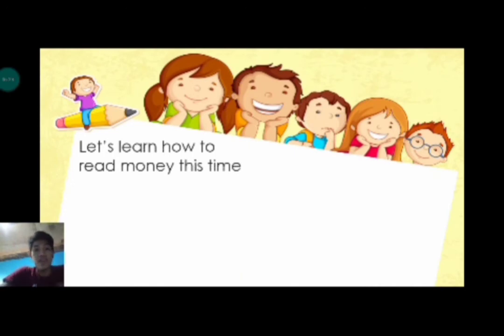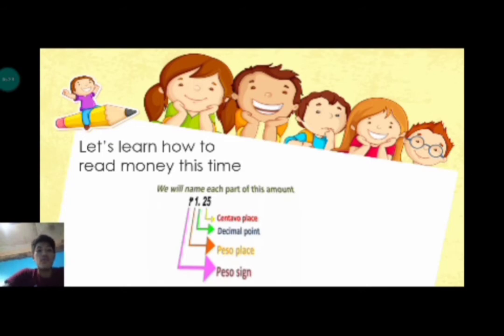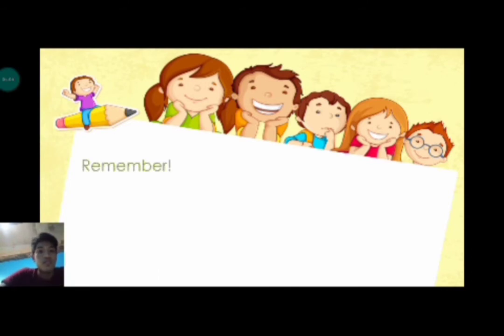Let's learn how to read this money this time. We will name each part of this amount. First, we have the centavo place. We have the decimal point, the peso place, and the peso sign. Remember, there are 2 digits in the centavo place all the time.